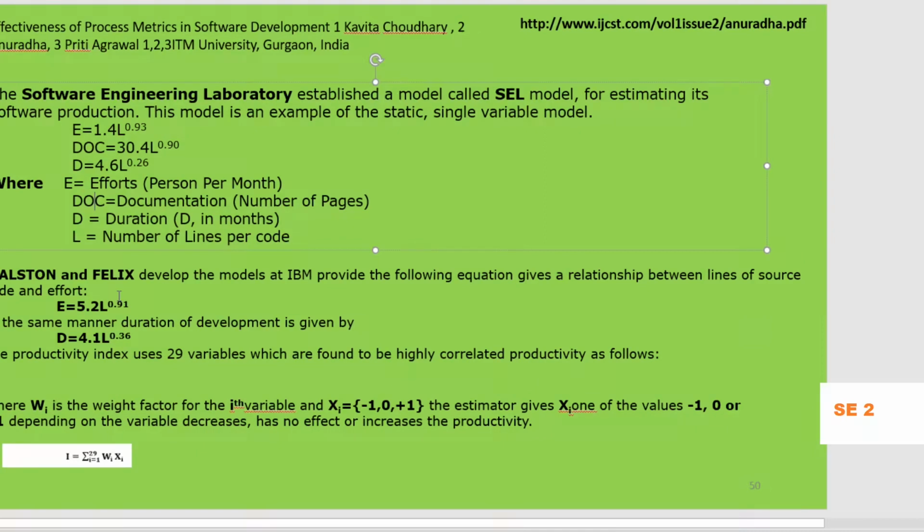The productivity index uses 29 variables which are found to be highly correlated with productivity as follows. Wi is the weight factor for the ith variable and xi is equal to -1, 0, or +1. So, the estimators give xi a value of -1, 0, or +1, depending on whether the variable decreases, has no effect on, or increases productivity.